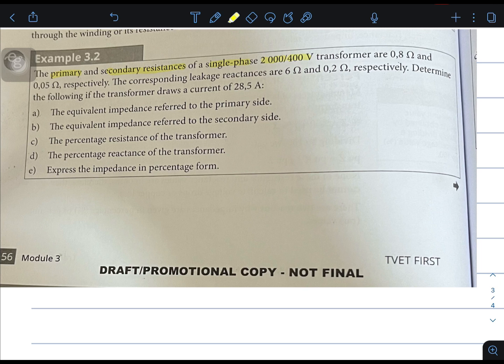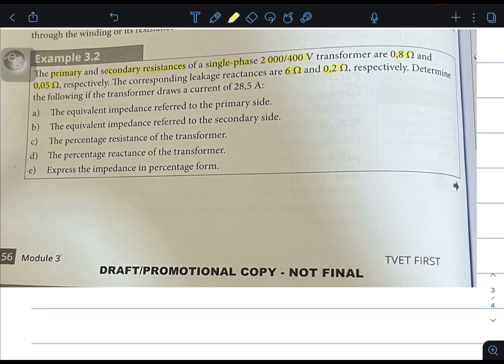The primary resistance is 0.8 and the secondary resistance is 0.05 ohms respectively. Then the corresponding leakage reactances, the primary reactance is 6 and the secondary reactance is 0.2 ohms respectively.